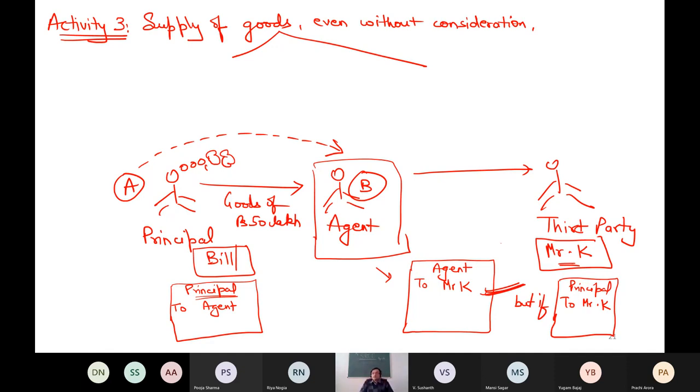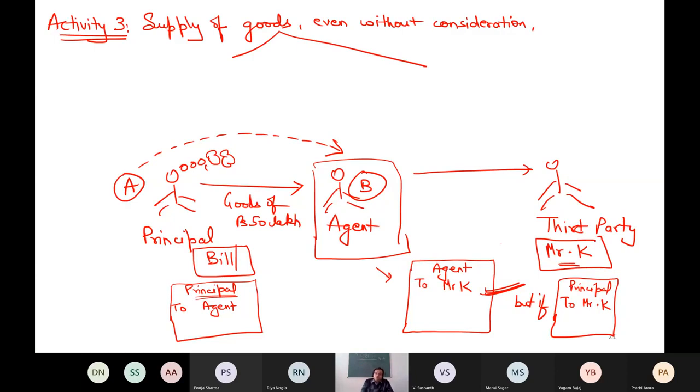You are selling the goods on the instruction of the principal, but while selling, the invoice has your name on the top. Only your name. That means you are supplying the goods, not the principal. It is between principal and agent only that you know that you are the agent. Otherwise, when you issue the bill in your own name, then you become the supplier technically.